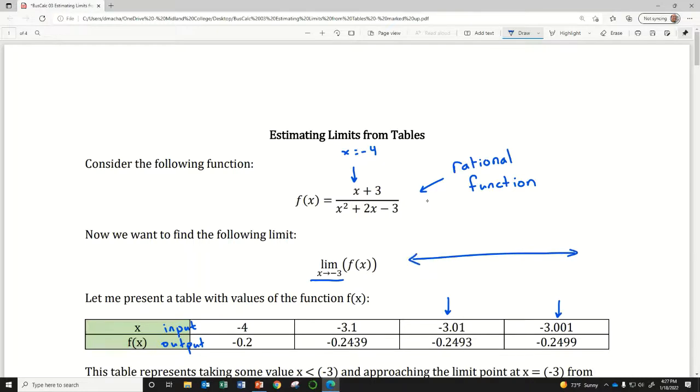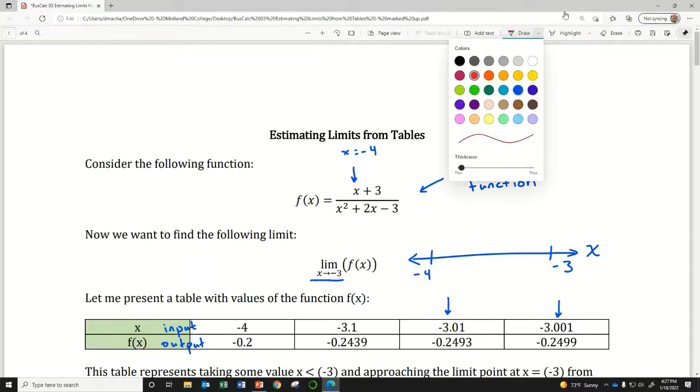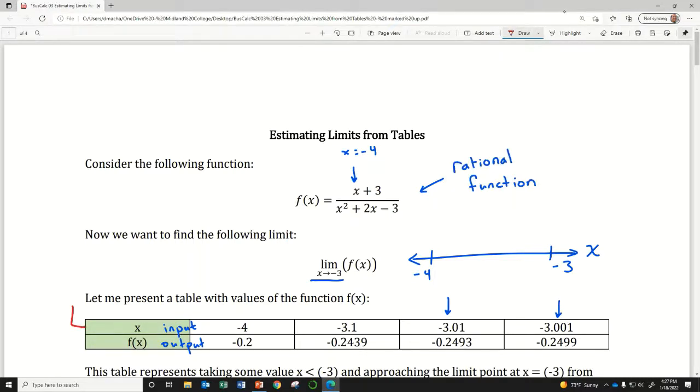Let's say this number line represents x, which is my input to the function. If we have -3 represented by that line and -4 represented by that line, what we've been doing on the top row for the input to the function is we started off at -4, and then we did -3.1, and then -3.01, which is maybe right here, and then -3.001, which is almost right on top of -3.